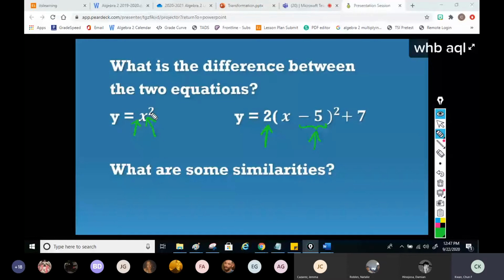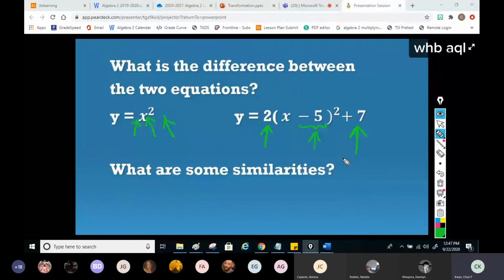And then the last one, this number at the very back, you are also missing in the parent function. So that means you have 3 extra numbers you have to worry about. So just because there are 3 extra numbers, the graph is going to look pretty different.